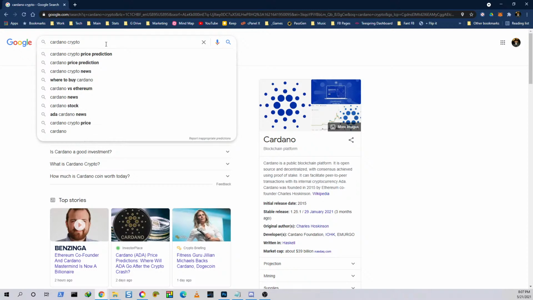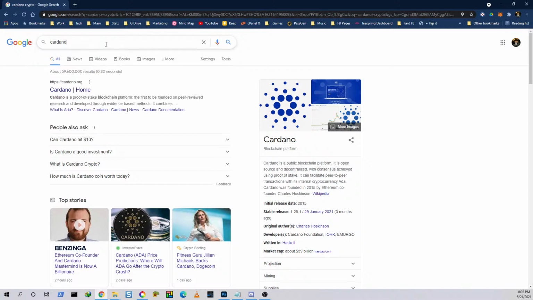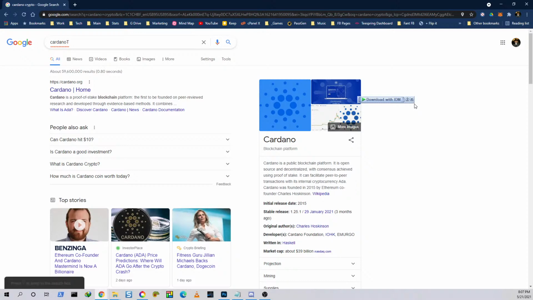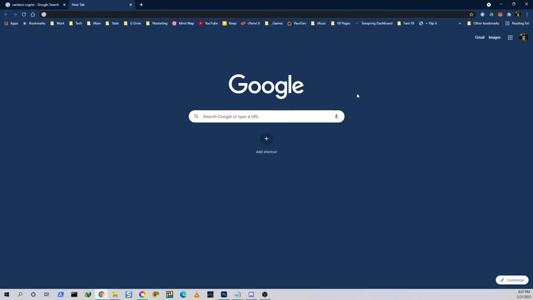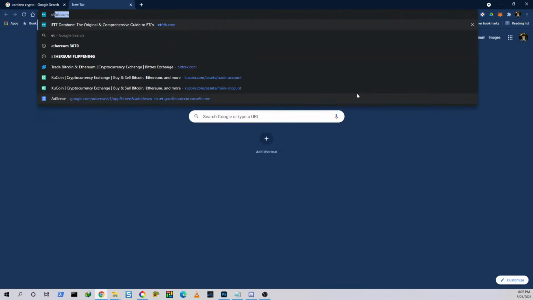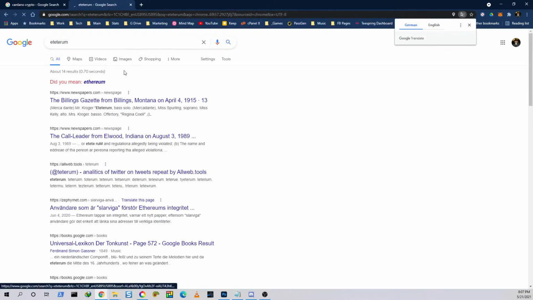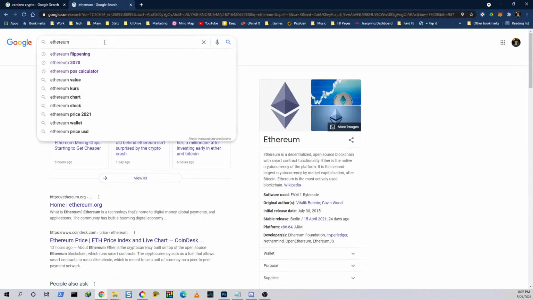Now, when you look at this project, you have to look at Ethereum as well. So hold on, let me escape for a second. All right, Ethereum, and then I'm going to put smart contracts.